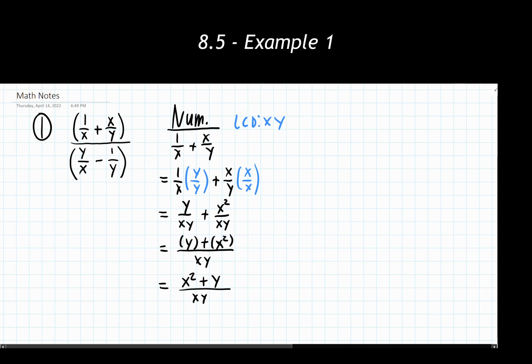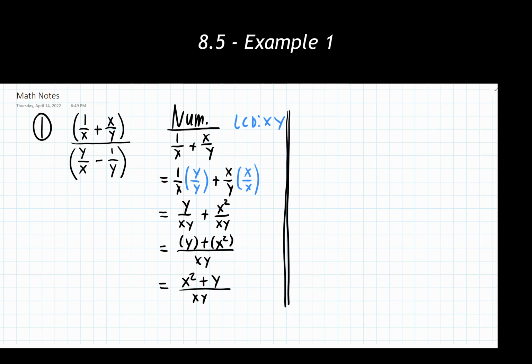So now I need to go through and simplify the denominator. I'm still in my first step for the overall problem. So I work with the denominator right here, and again, I'm writing out my denominator exactly as it was given to me. And now I'm going through and simplifying it. Again, I have two fractions that are being added or subtracted together, so they need to have a common denominator.